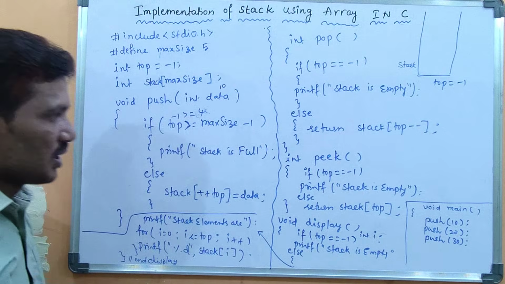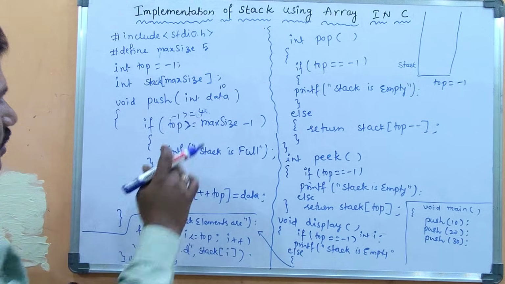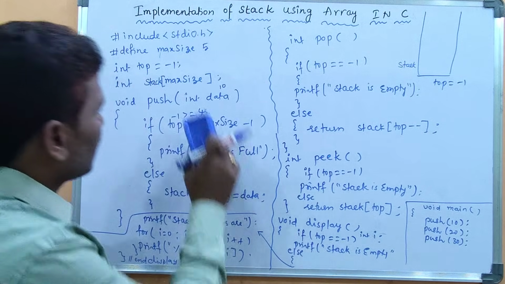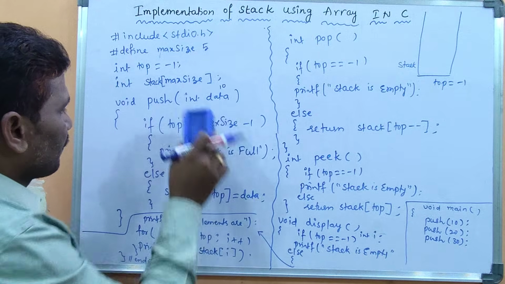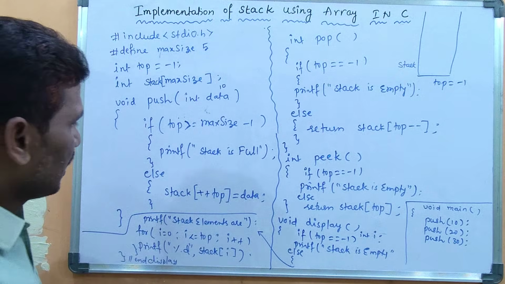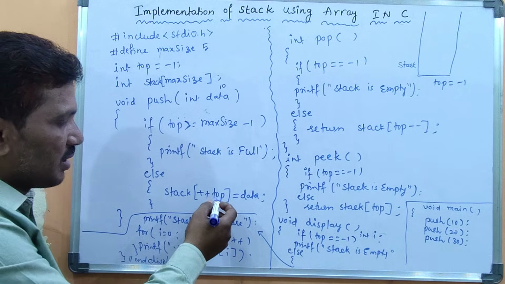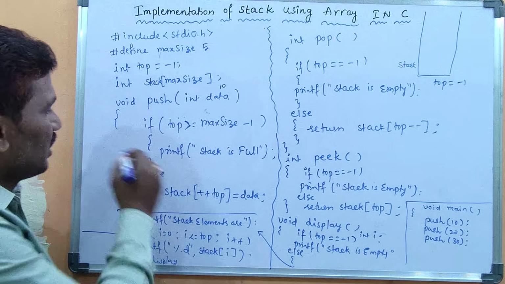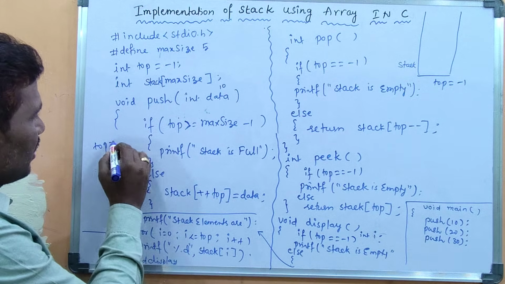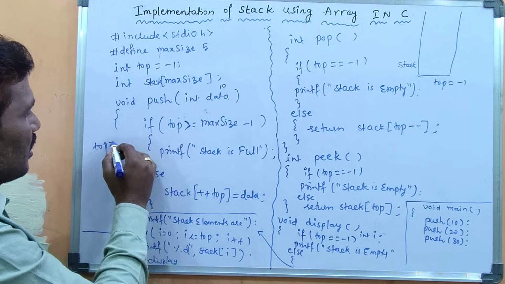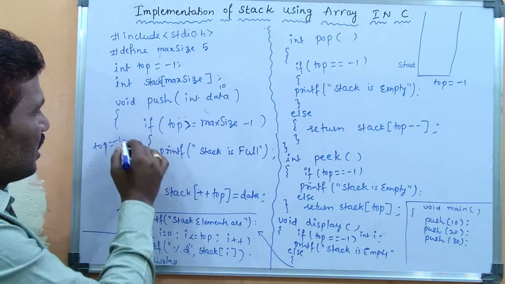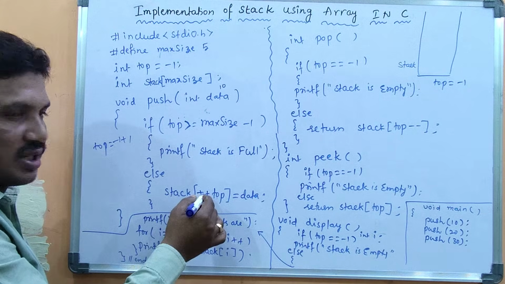The condition is false. Whenever the condition becomes false, the control will come to the else part. ++top is a pre-increment, so the top value is incremented by 1, from initially -1 plus 1.